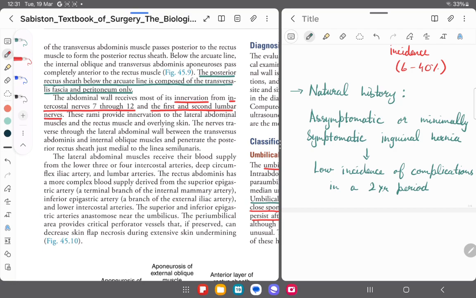These provide innervation to the lateral abdominal muscles, the rectus muscle, and the overlying skin. The nerves traverse the lateral abdominal wall between the transversus abdominis and internal oblique muscles and penetrate the posterior rectus sheath just medial to the linea semilunaris.